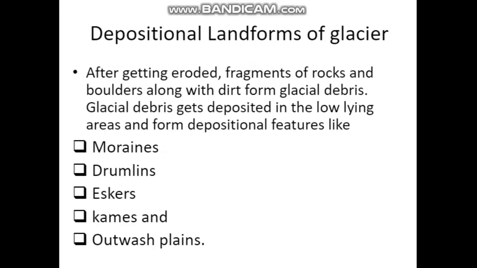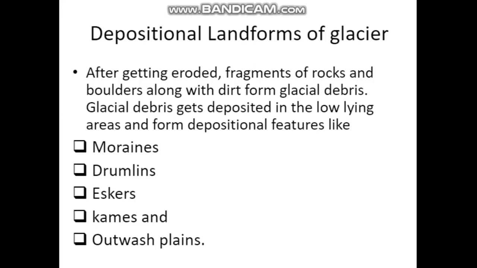So, depositional landforms of glacier. Listen, after getting eroded, fragment of rock and boulders along with drift from glacial debris get deposited in the low-lying areas and form depositional features like. So after getting eroded, what will happen means fragment of rock and boulders, many things, dirt, waste product also will come along with these glaciers.